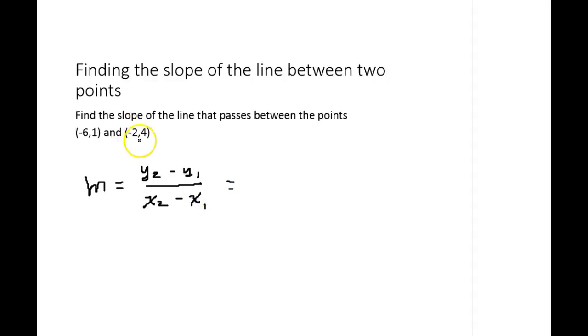My second y here is 4. So I have 4 minus 1. My first y is 1. x2 minus x1. So I got a -2 there. -2 minus my first x was a -6. I'm going to put it in parentheses.